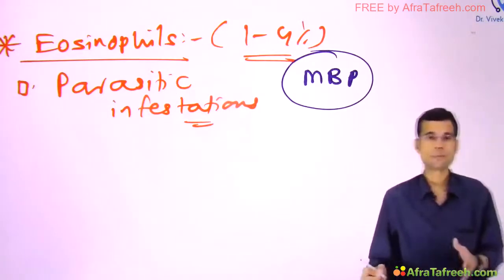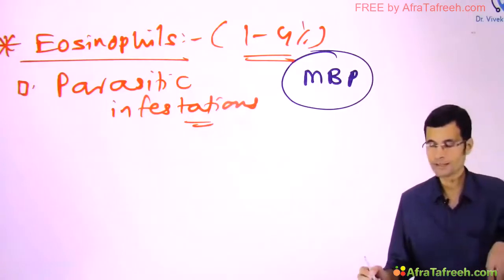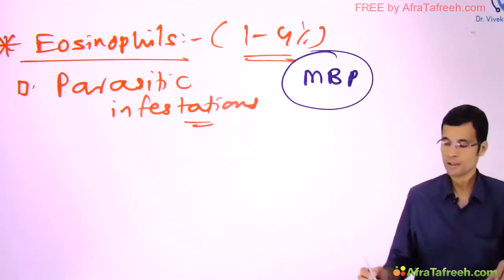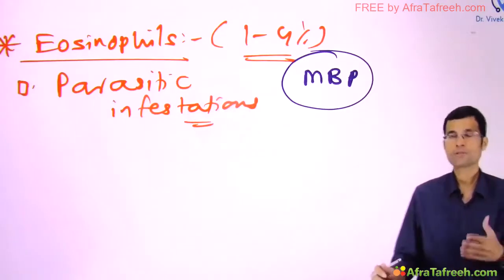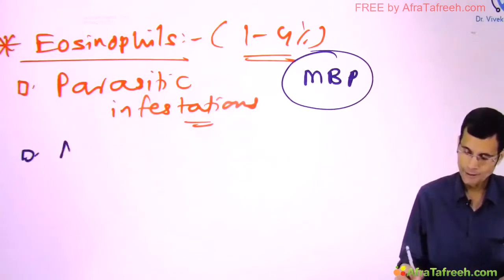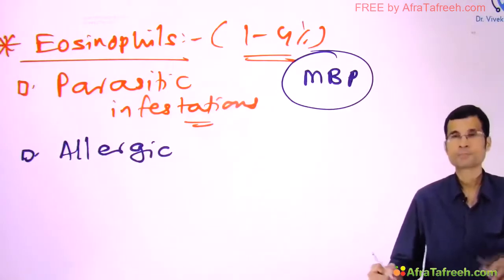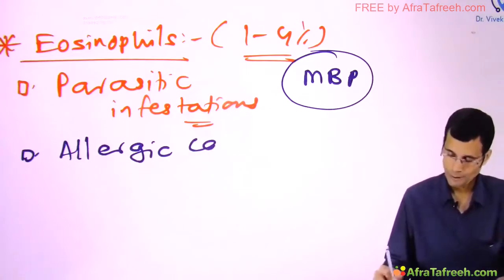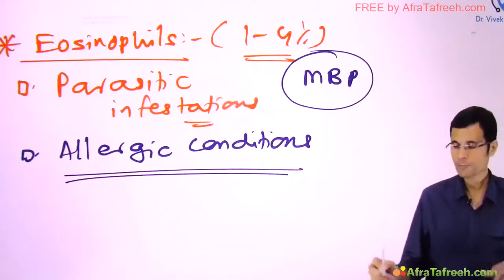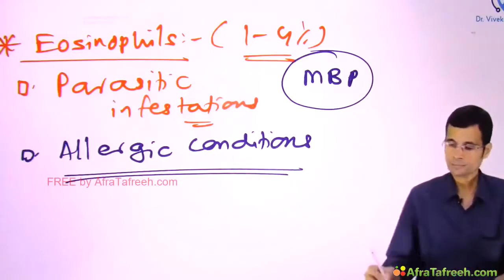This major basic protein is known to immobilize the parasites, and then they can be killed or expelled out of the body. And for this reason, eosinophil count increases in parasitic infestations. And the second condition is the allergies. In allergic conditions, you see the eosinophil count has increased.